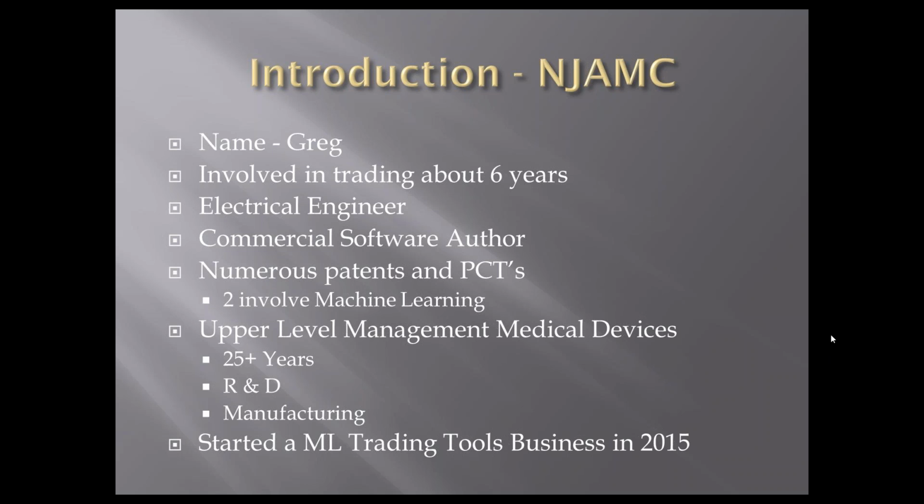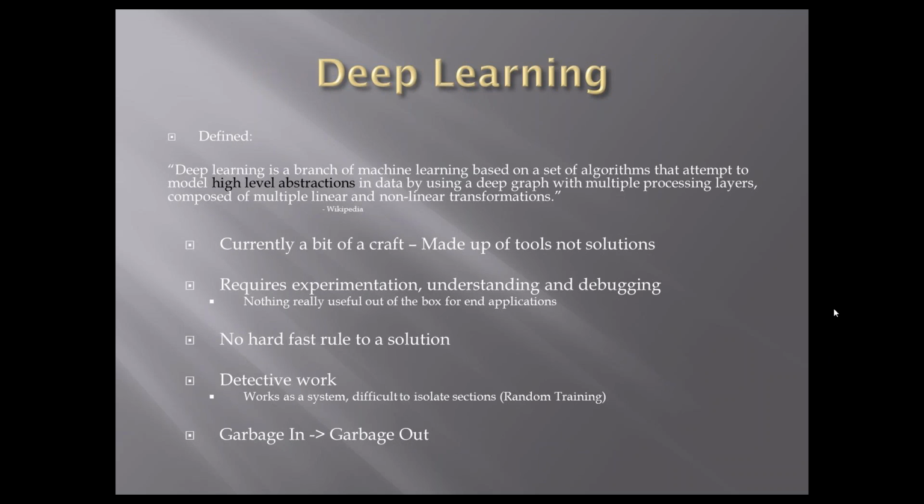So that's my background. What I want to focus on today is more on the order of deep learning. I've got a definition here from Wikipedia. I'm not going to read it, but the crux of the matter is that deep learning is focusing on high-level abstraction of data. So much like some of the face recognition software and image recognition software that you may have seen out on the net, this is another opportunity for these intelligent systems to learn abstractions about stock market data as well.